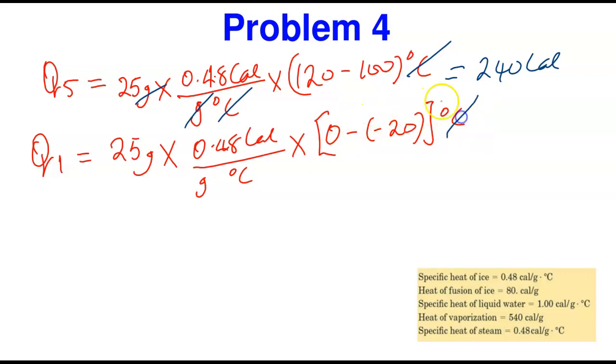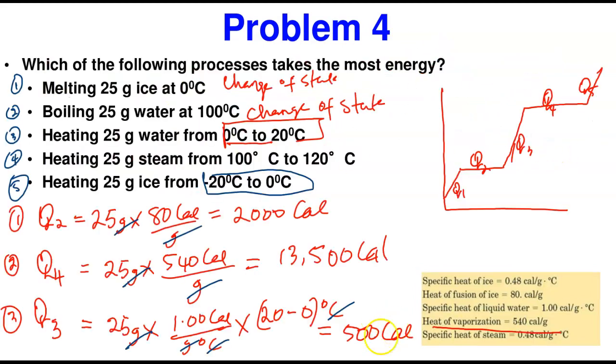When you cancel everything again, this is going to give you 240 calories. If you look at all of them, Q1 gives you 240. Q5 gives you 240. Go back, this gives you 500. This gives you 2,000. And number 2, which involves Q4, gave you 13,500.